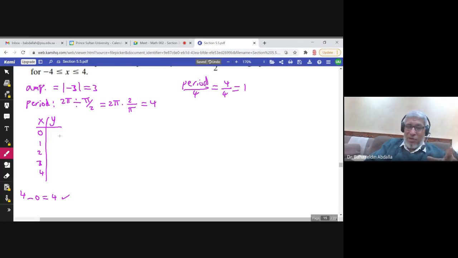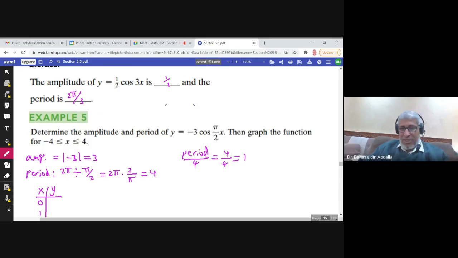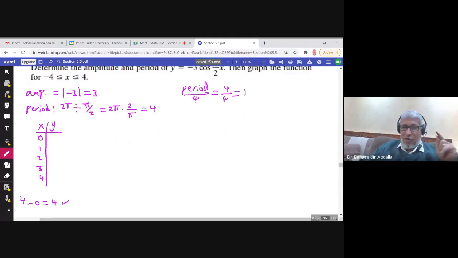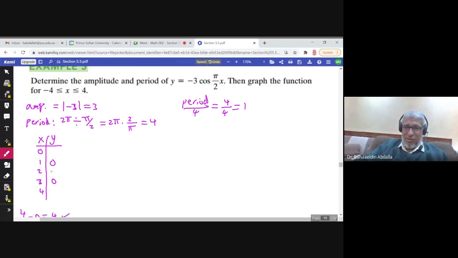So what are the y values? Now please use the calculator. Put 0 here and find the answer. Or if you know the graph of cosine, you will know that in the second and the fourth positions we have x-intercepts, and at the beginning and the end we should have a maximum. But there is a minus sign, so we will have a minimum, which is negative 3 and negative 3.